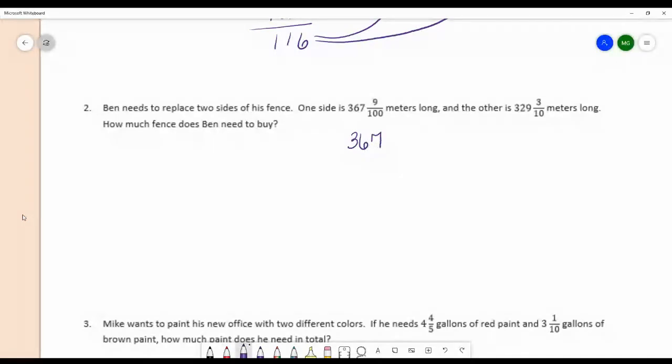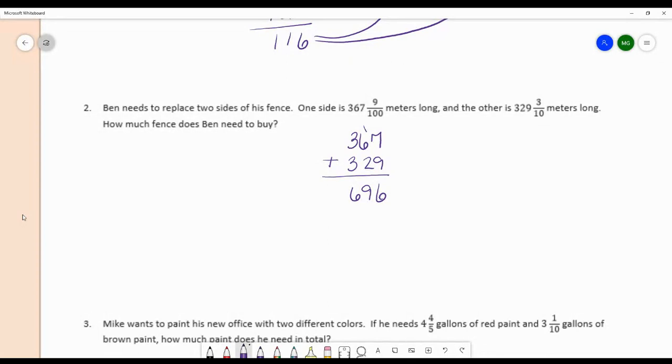And 3/10, that 3 is not half of it, so that's going to stay at 329. And if I'm replacing them, I need both of them. So I'm going to have to add them together. So I'm going to get 16, 6 and 2 is 8, plus 1 is 9, and 3 and 3 is 6. So we're going to get about 696 meters.